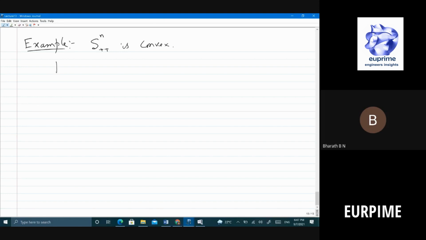So you take A and B belonging to S++^n. This implies A is A transpose, B is B transpose, and A, B both are positive definite. This is what it implies. Now I have to take a line, right? So what do you mean by line here?